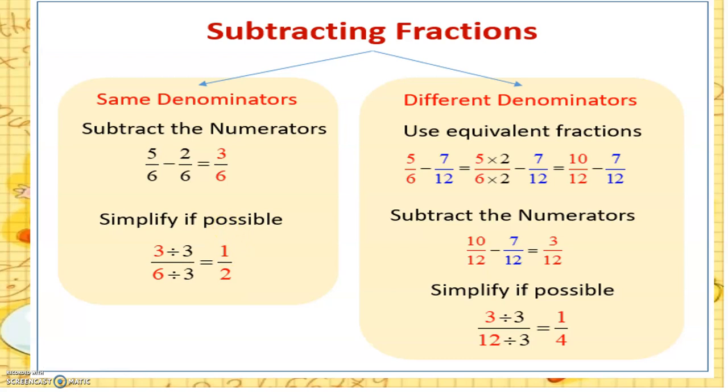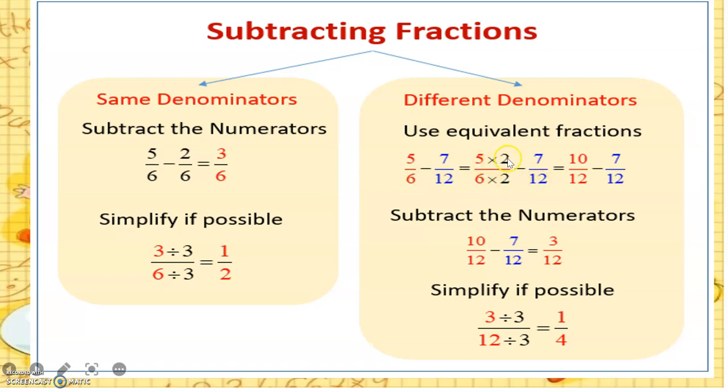Okay. So we have another example. Different denominators, meaning they are not the same. This one is the same and this one has different denominators. Use equivalent fractions. So 5/6 minus 7/12. To make them the same, you multiply 6 times 2 to become 12.